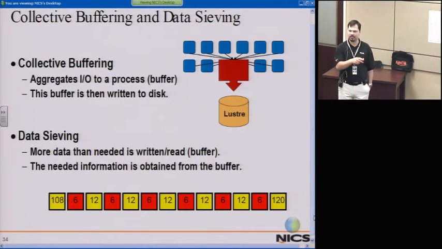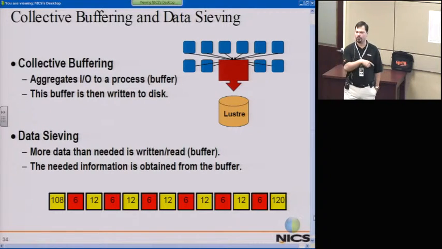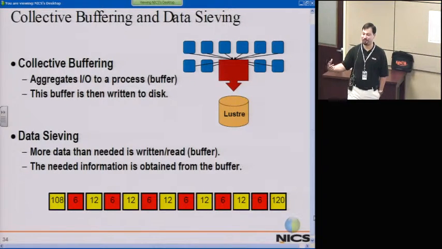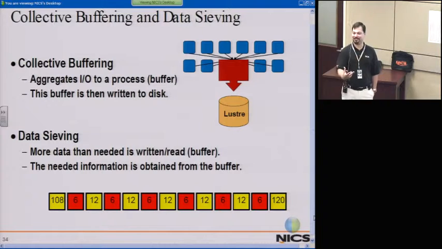The point of this is that say you had a set of processes doing fairly small amounts of I/O. They can be collected into a buffer, into one process. This also helps with stripe aligning, because if MPIO knows what the stripe size and stripe count are, it can define a number of buffers equal to your stripe count, each the size of a stripe, so that a buffer completely dumps into a stripe, and you help stripe align things.